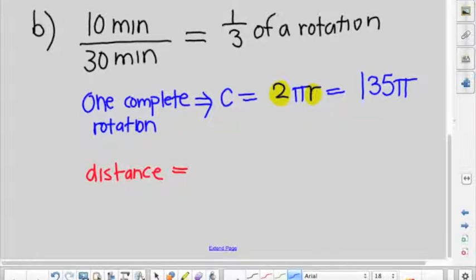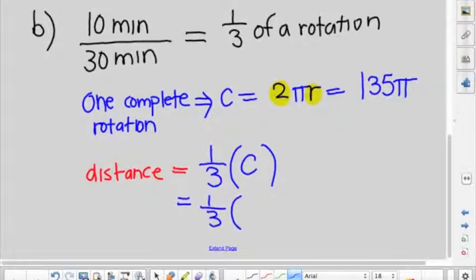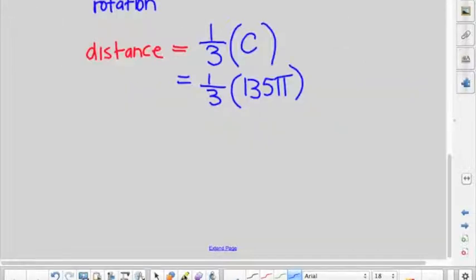If we translate that into mathematics, it's going to be 1/3 of the circumference, which is equal to 1/3 times 135 pi, and if you punch that into your calculator, my distance is going to be equal to 141.4 meters. So he travels 141.4 meters in 10 minutes.